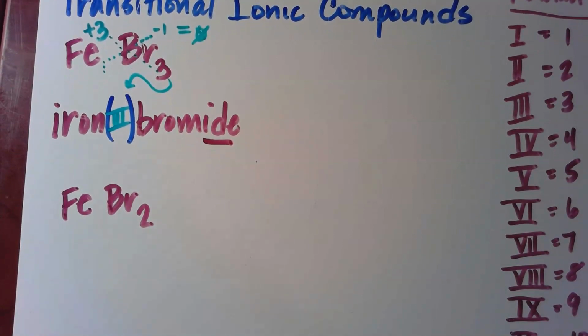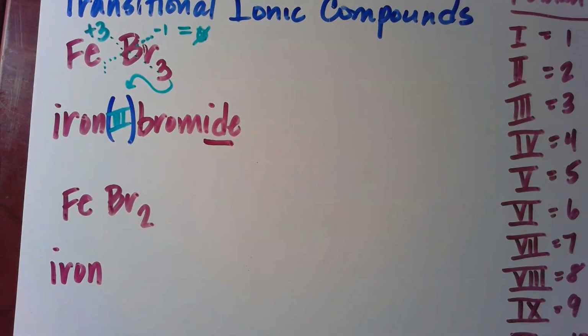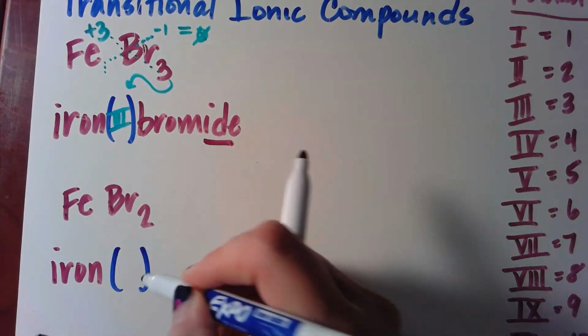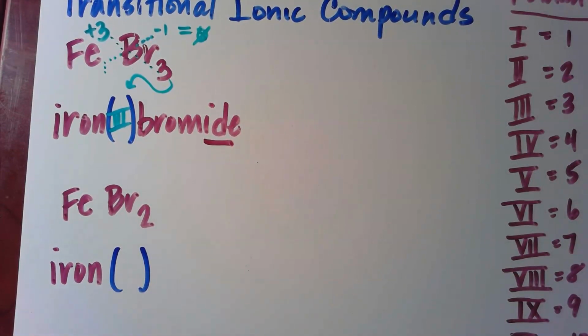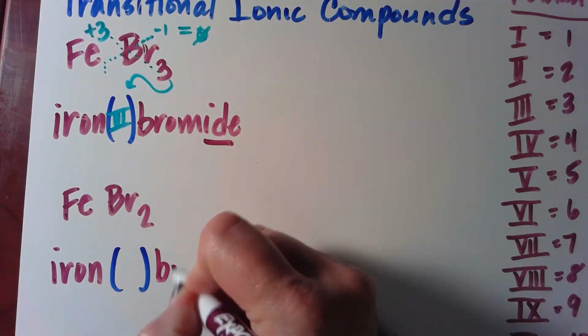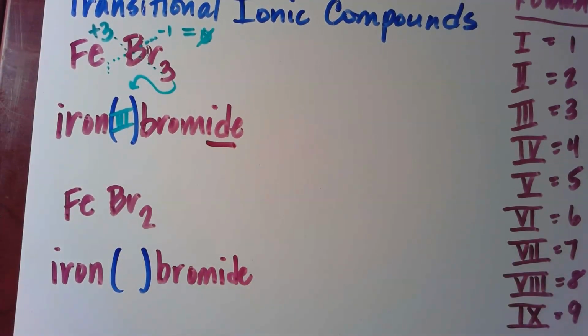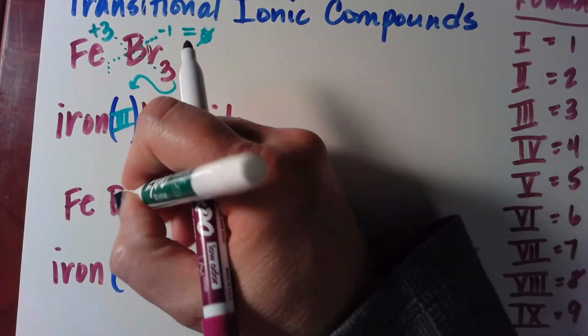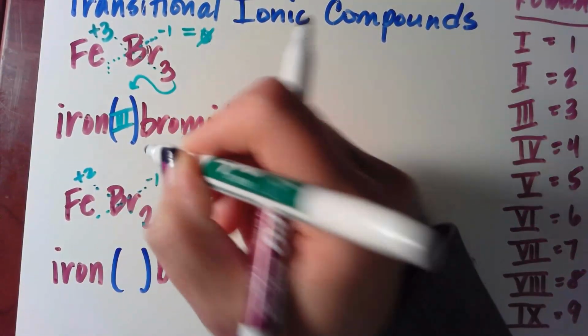Yes, iron again, put our Roman numerals, because we know we're going to need some Roman numerals because it's in the valley. Iron is in that area of the transitions. And we still have bromide. As you were thinking and already saying, that 2 came from here, and the understood 1 came from there.